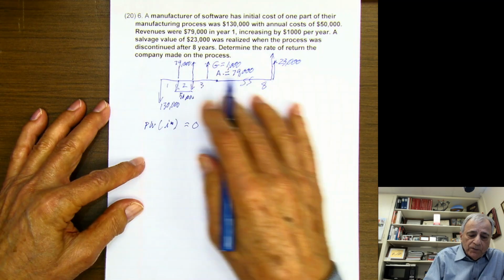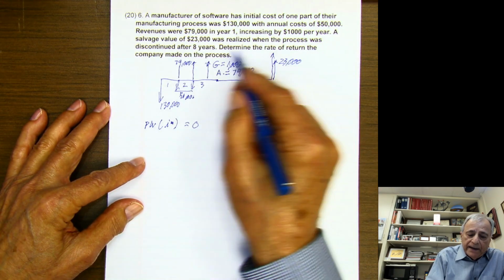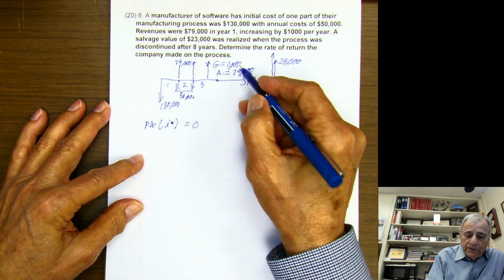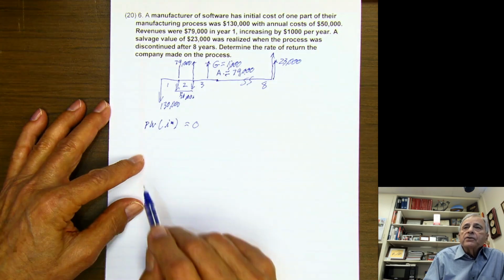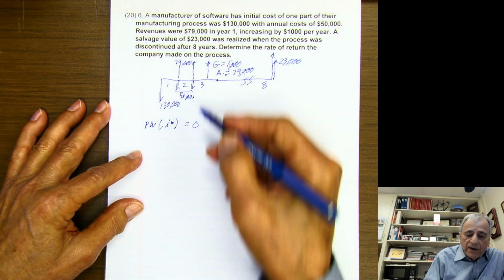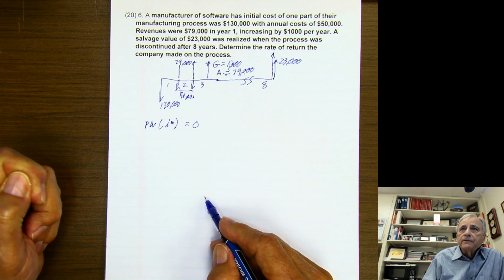Again, if we break this positive cash flow series down, we will get a uniform series of 79,000 and then a gradient series. But then we also have to subtract off the 50,000 from that uniform series.